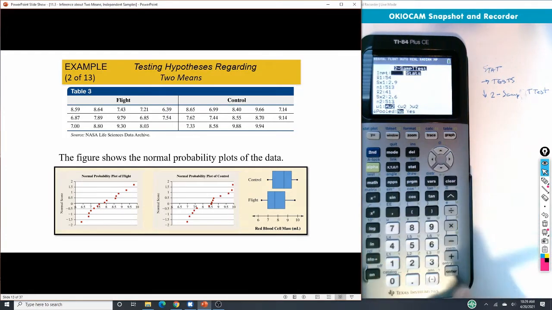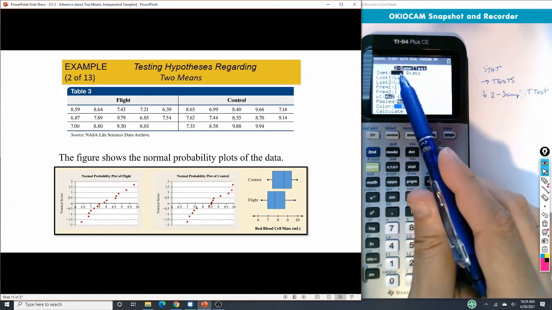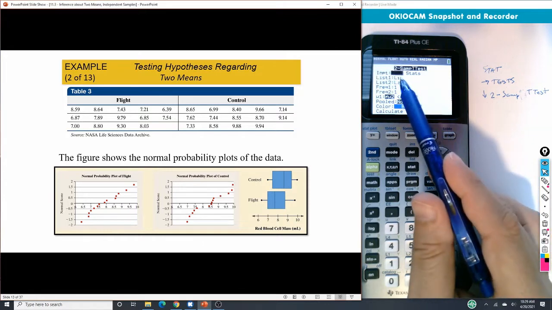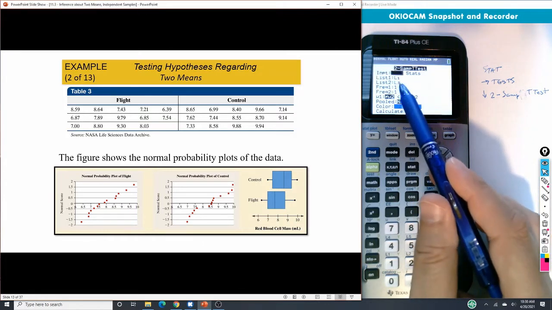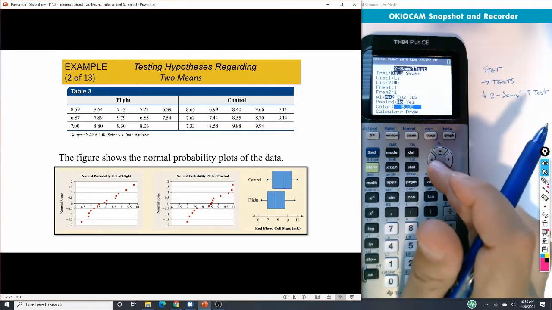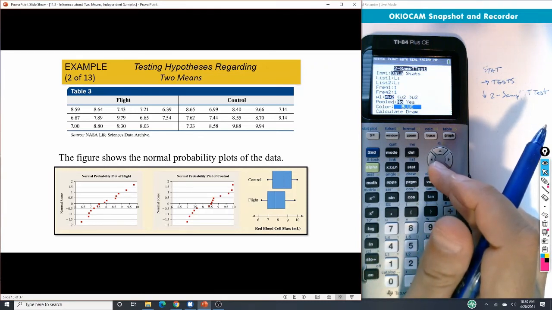Now we have data, so we want to select Data here because we have data in L1 and L2. Our lists are L1 and L2. Typically that's what's going to be in there unless we were to do something somewhere else. Our frequency is 1. Now, we stated that this was a does not equal.